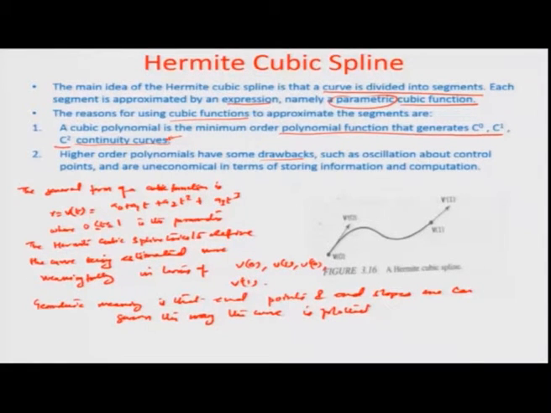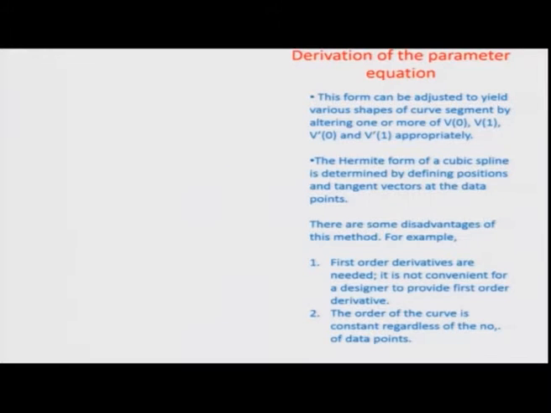Let us look at physically what is going on here upon differentiation. Let us say this is the parametric representation a0 plus a1 t plus a2 t square plus a3 t cube. If I differentiate once with respect to t, the equation takes the form a1 plus 2 a2 t plus 3 a3 t square. Now we apply the boundary conditions.